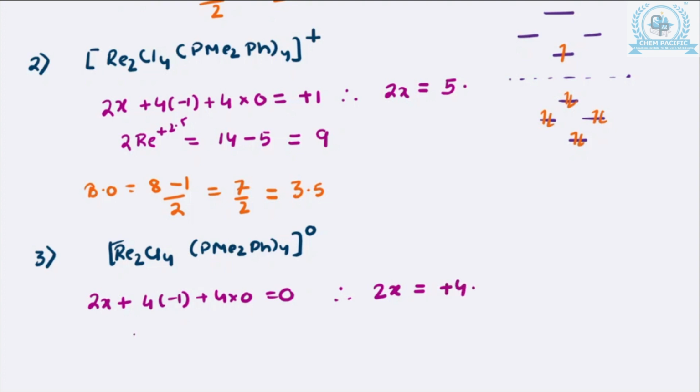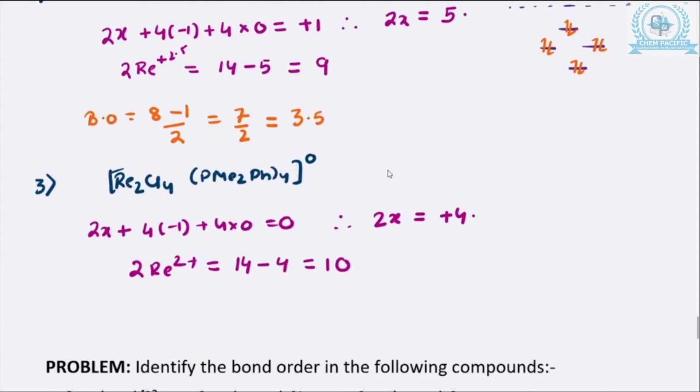So the total for the two rhenium, the oxidation state is plus 2 each. If it were neutral rhenium, the total would be 14 electrons, but this is plus 2 each, so both have 4 electrons less, so this becomes 10. Now let us quickly draw the MO diagram. This is your barycenter, this is your sigma bonding, then pi bonding, then delta bonding. You have delta antibonding, pi star antibonding, and last but not the least, sigma star.